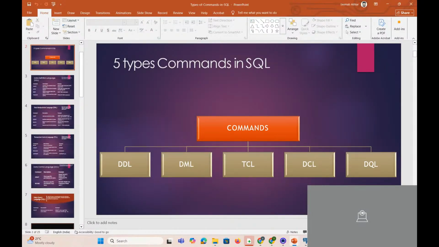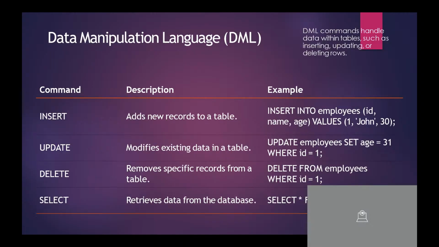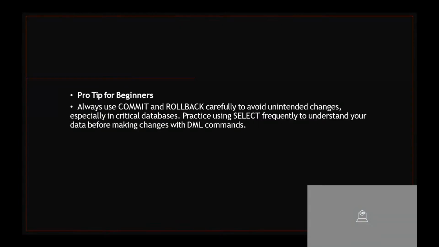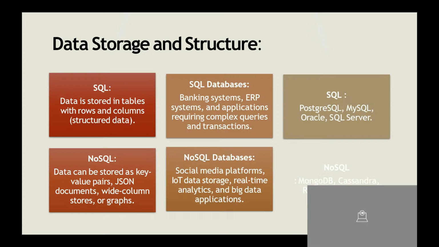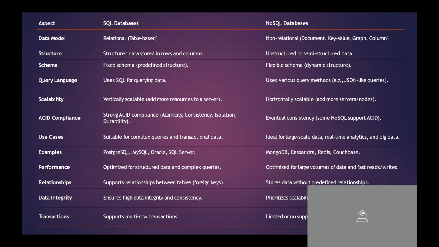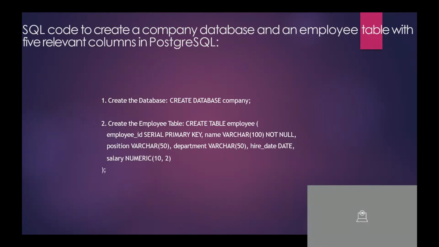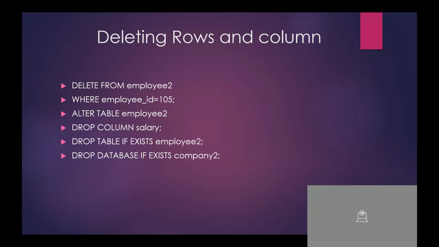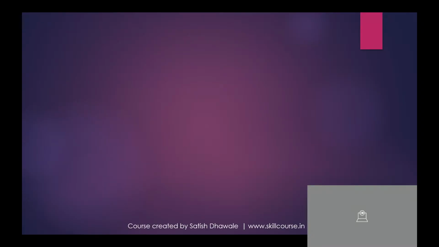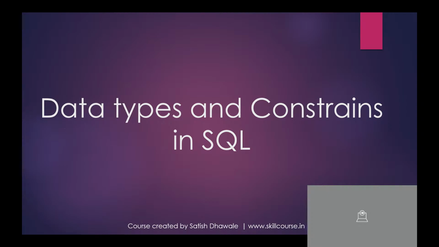These five types of commands we have seen, and the difference between structured data and these things we have also seen. Deleting rows and columns we will see later. So, data types and constraints in SQL: what are data types and constraints in SQL? We will see.